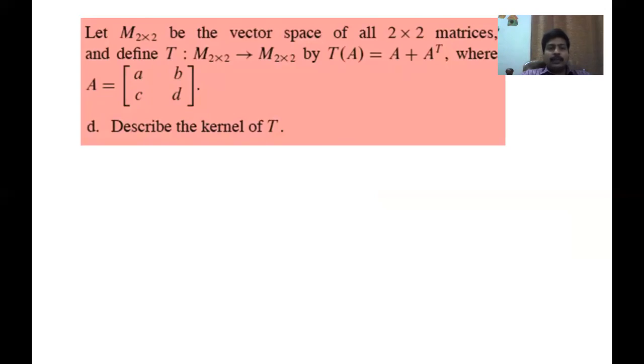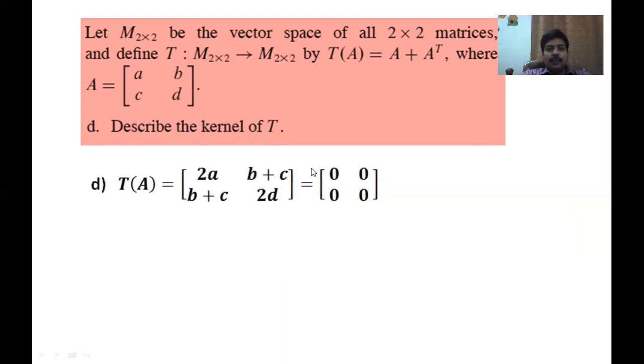Finally, describe the kernel of T. For this given linear transformation, we need to describe the kernel. T of A, as already seen in the previous one, where A is equal to [a, b; c, d], T of A is equal to A plus A transpose, that is finally [2a, b+c; b+c, 2d].